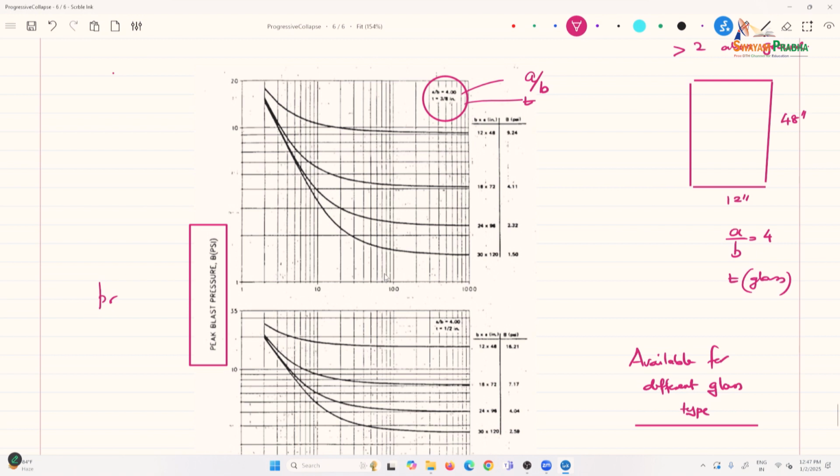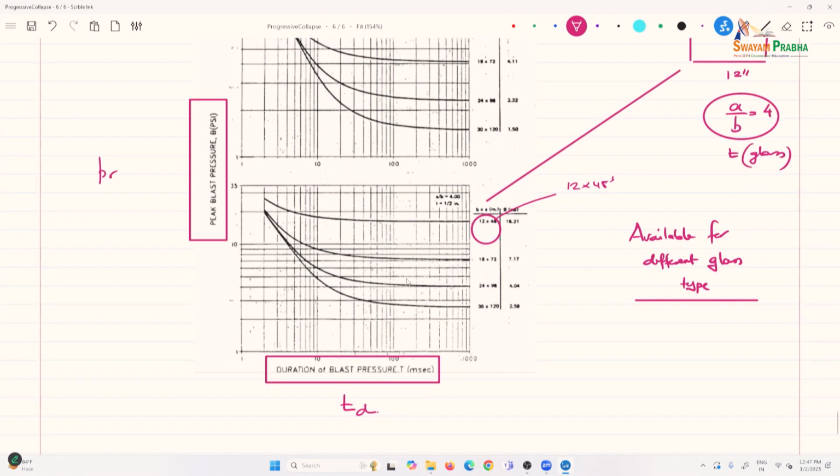Now if this is 12 by 48 for example, although A by B is 4 for both, this one gives 12 by 48. So this is the glass size, and the value here tells you in PSI.